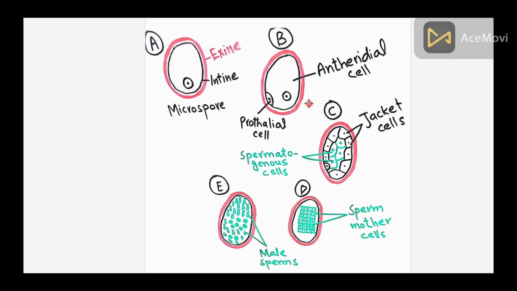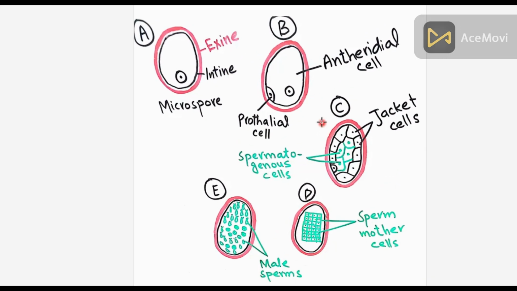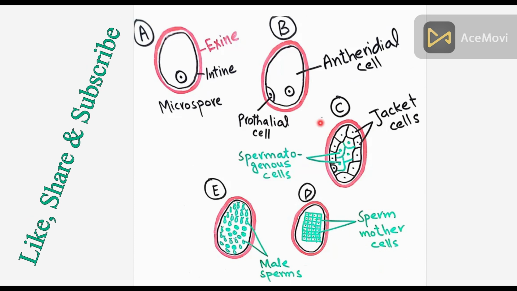This diagram is showing the different developmental stages of the male gametophyte. In a part of this diagram, there is a microspore which has two walls, the outer thick wall exine, the inner thin wall intine. Then in the next stage, the microspore is divided into two cells, a small prothallial cell and a large antheridial cell.